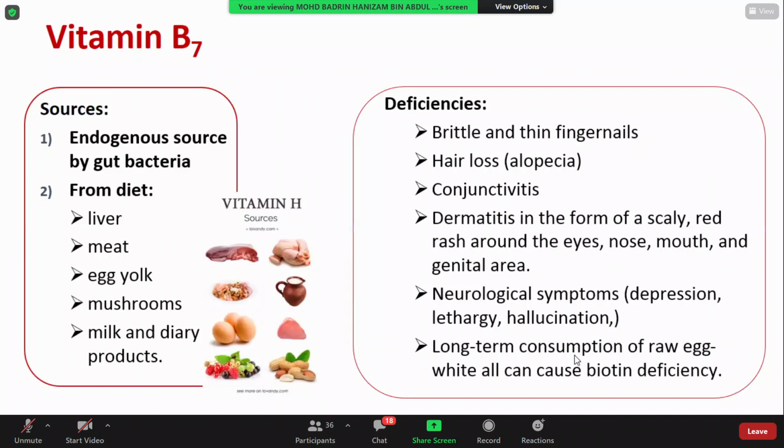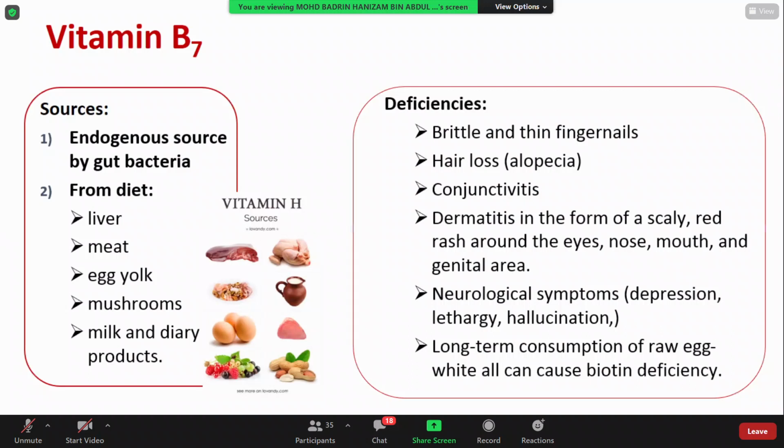Again, one more for you to read to find why long-term consumption of raw egg white can cause biotin deficiency. Again, I will call names next week to explain to the class why consuming raw egg whites over a long period of time can cause vitamin deficiency.